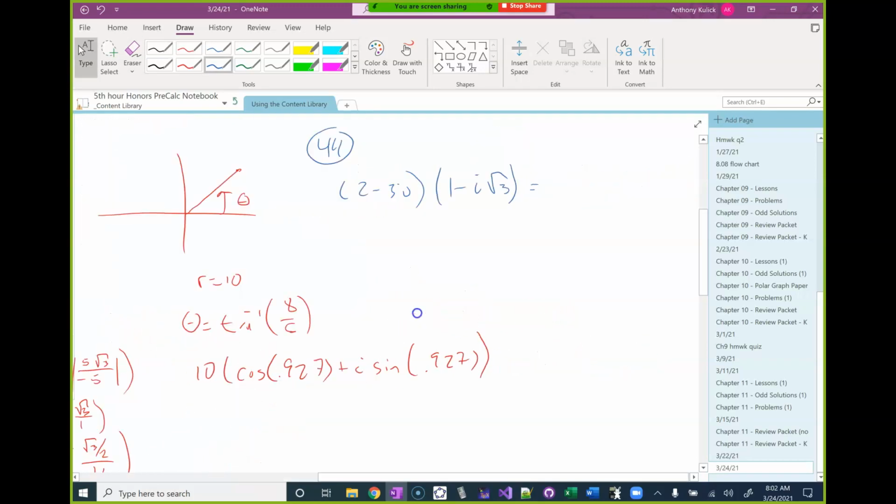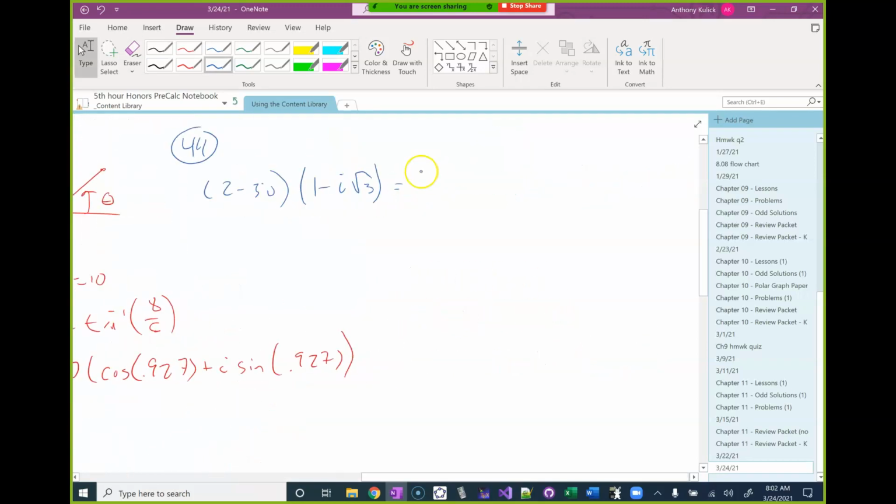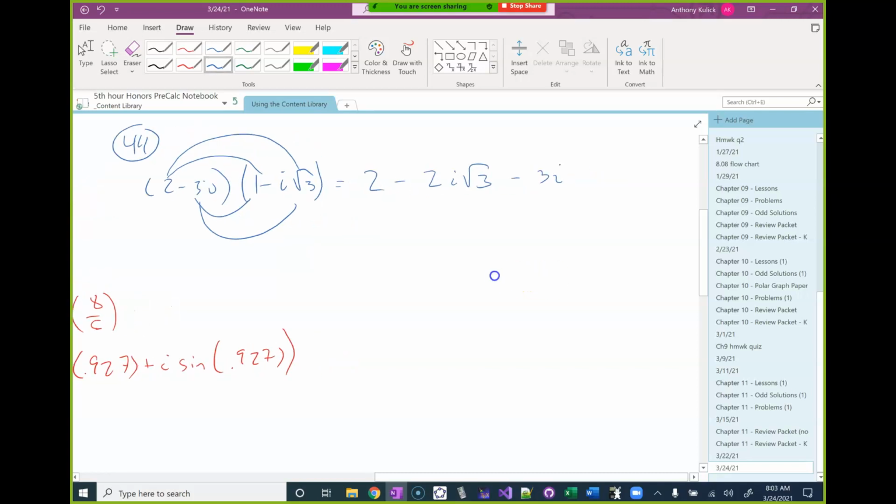Yeah, exact answers in standard form. Okay. So foiling. So 2 times 1 is 2. 2 times i root 3 is negative 2i, and 3i times 1 is negative 3i. And then negative 3i times that is going to be, so far so good.